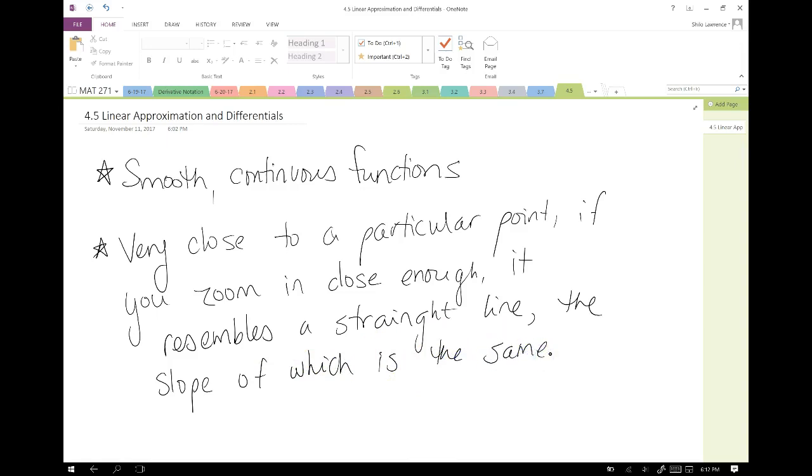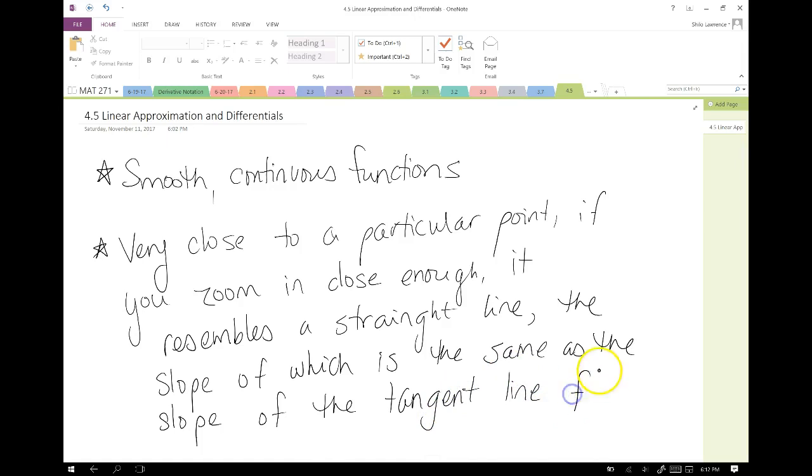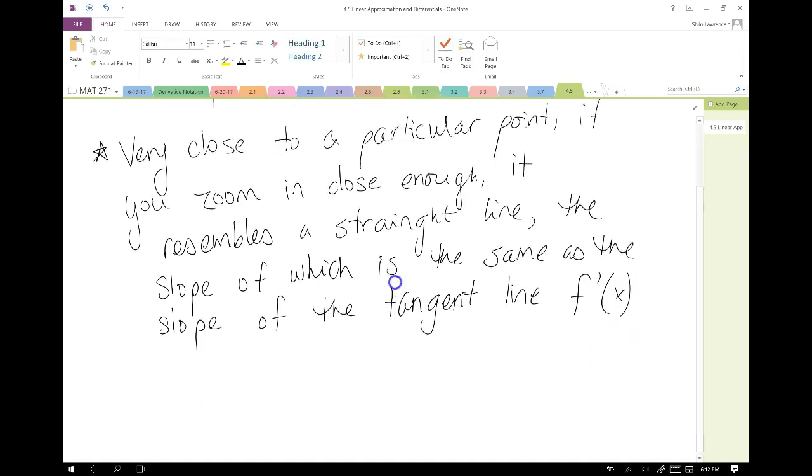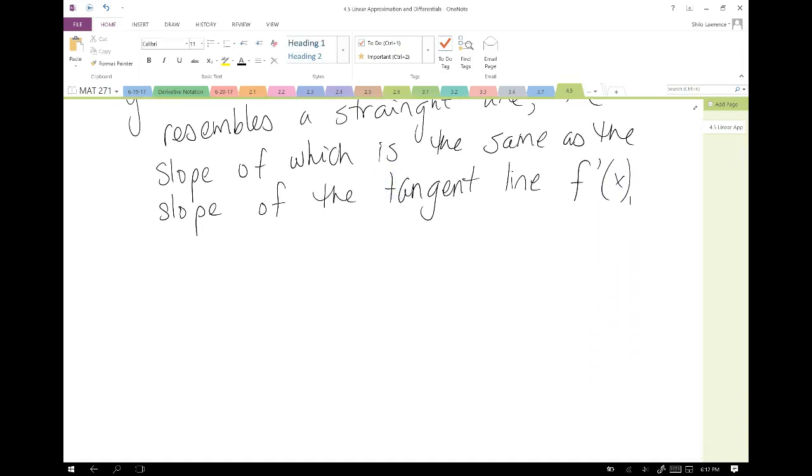And you remember how we find the slope for tangent lines? That is just the derivative.